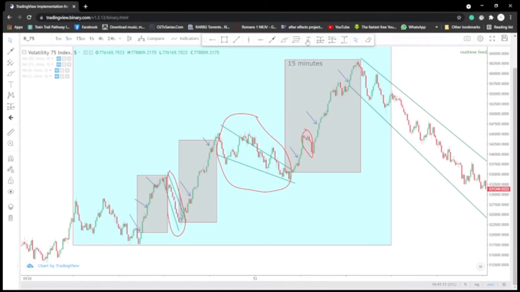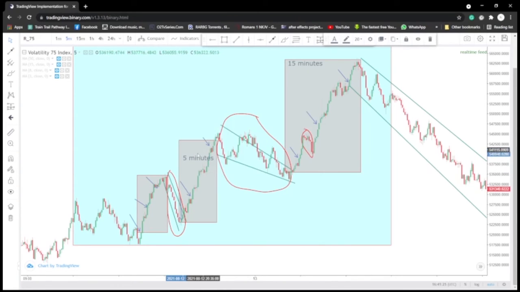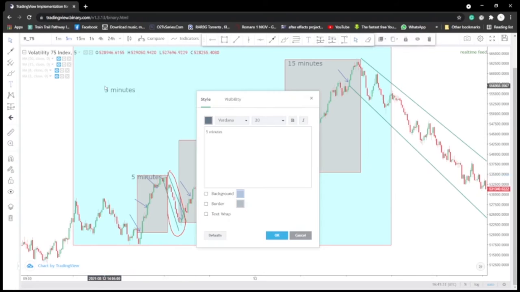So here I said they are the 15 minutes, and then the arrows, I said they are the 5 minutes, right? The arrows here represent the 5 minutes chart. Don't get confused. And then the blue box is your 1 hour time frame, right?